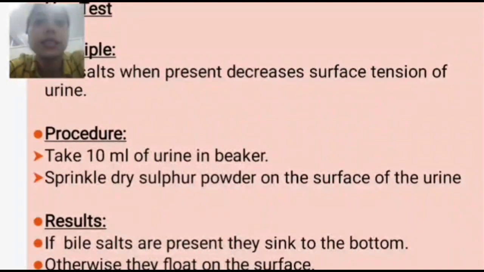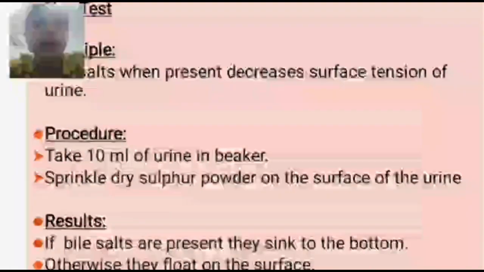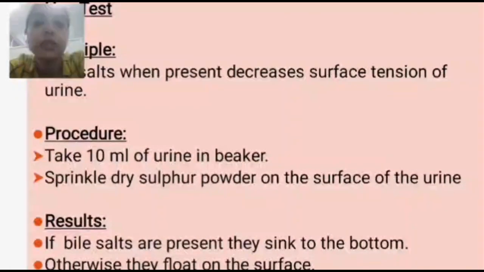The principle says that when bile salts are present in the urine sample, they will decrease the surface tension of urine, and if bile salts are absent, they will not decrease the surface tension of urine. So the result is based on this principle. Let us see the observations after sprinkling the sulfur powder on the surface of the urine. If bile salts are present, the powder sinks to the bottom.